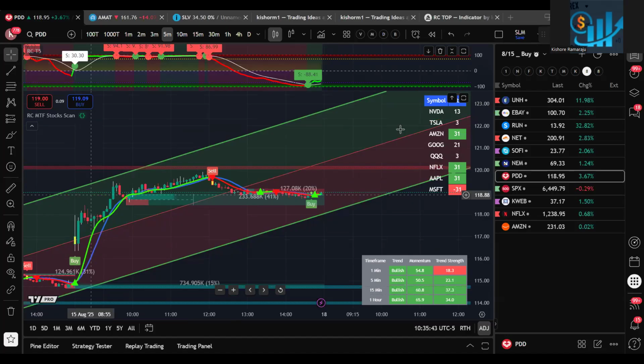You have to see whether these two lines are going upside or towards the downside. It is upside, because it started here and is going towards the upside. So PDD is bullish. Then tell me for KWeb.